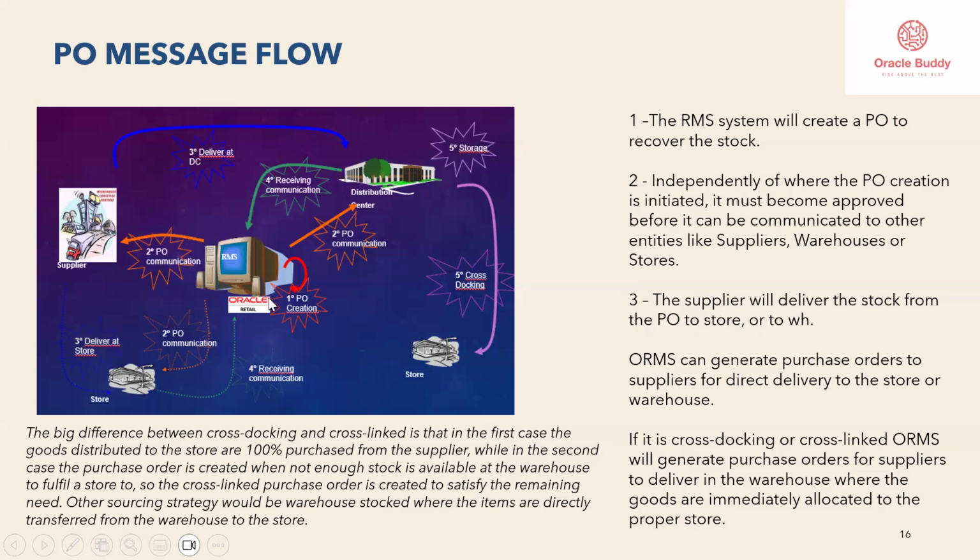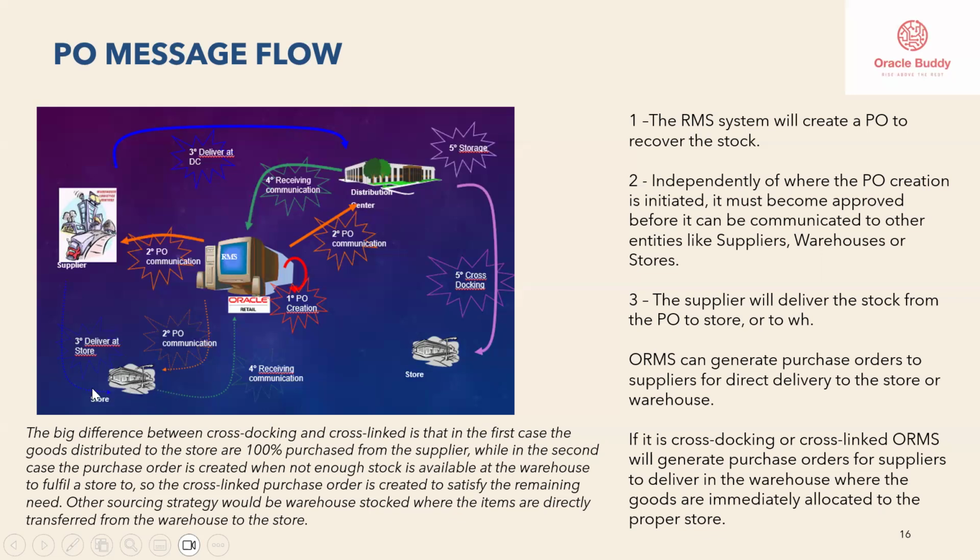So once it starts, the supplier will start the shipment either to the store or deliver to the DC. So the message will flow from the supplier to the distribution center, and then if it is cross docking, suppose the supplier sends it to the warehouse and the warehouse sends it to the store, it will go as number 5.